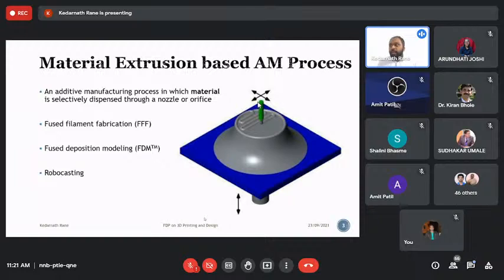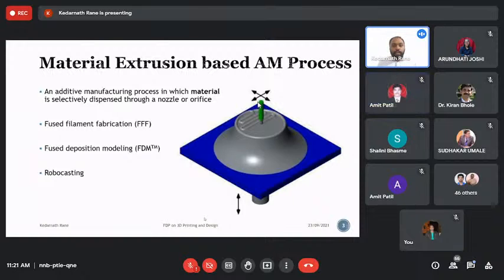Here you may have a question: how can you melt metal or ceramic? A typical ceramic like alumina melts at 2700 degrees Celsius. So we are not going to melt it at 2700 degrees Celsius, but we are using some kind of system to get it deposited. We can cover this aspect in today's presentation.